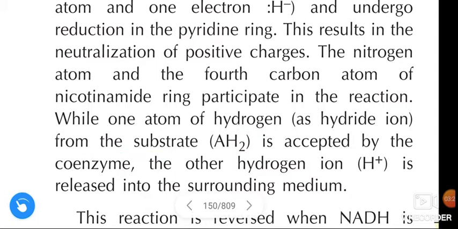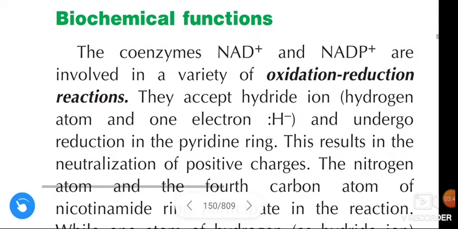Here the substrate is AH2. Hydrogen means nothing but H2, it's a molecule. The hydride ion from AH2 is accepted by the coenzyme, as we learned here.